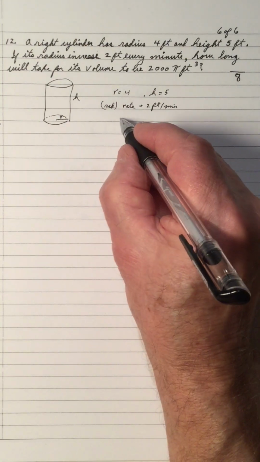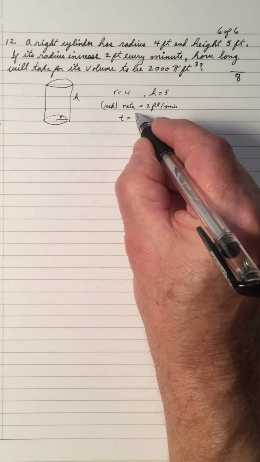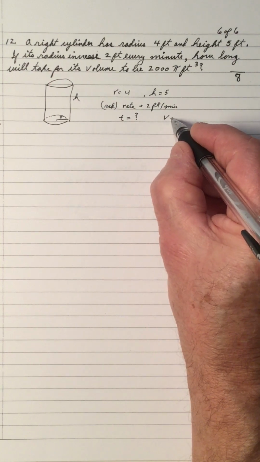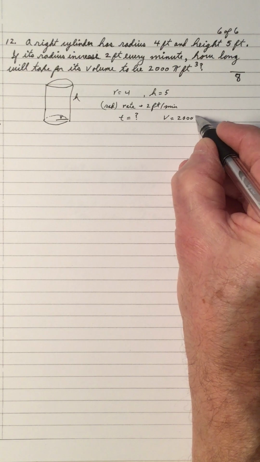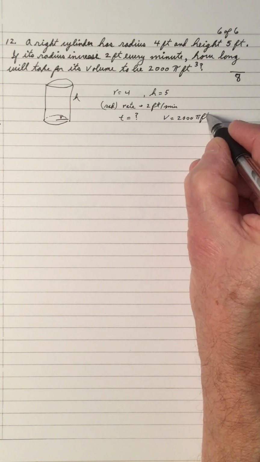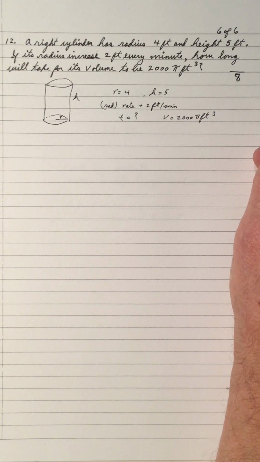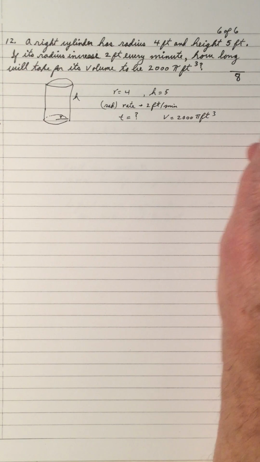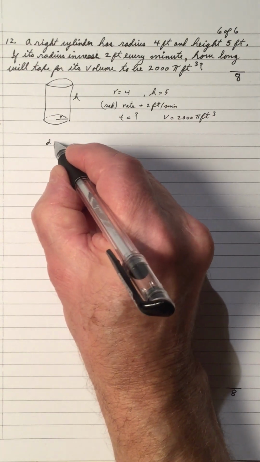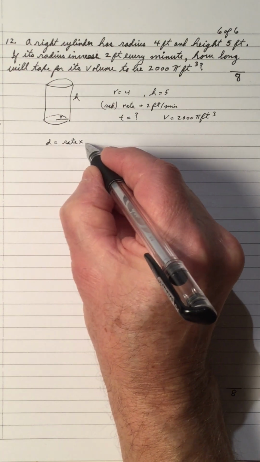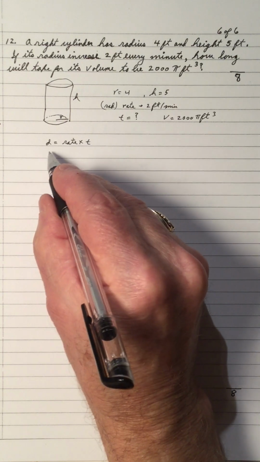And how long is the time for the volume to be 2,000 pi cubic feet? So we have to find the time. So we have a rate. The distance is equal to rate times time.